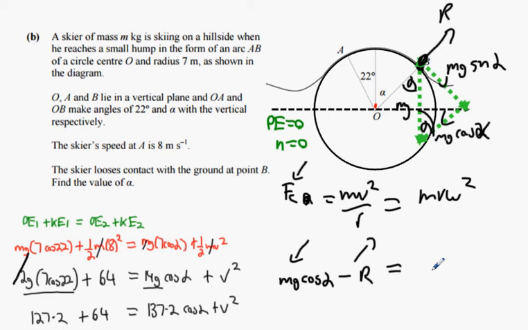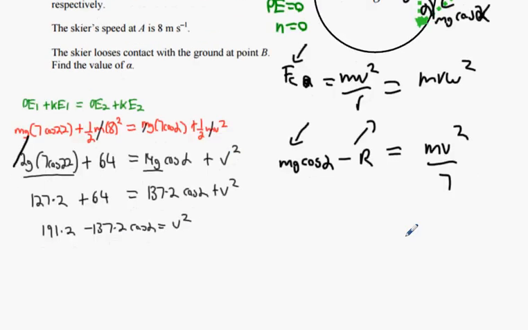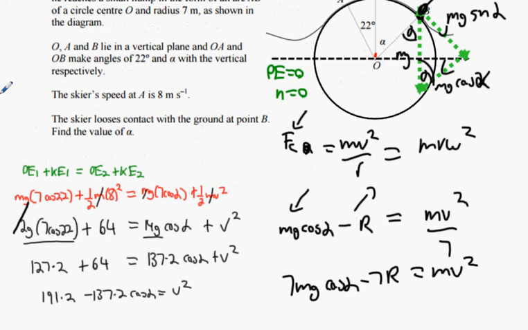Then we're going to get mv squared over r, which is going to be mv squared all over 7. Got to multiply both sides by 7. 7 mg cos alpha minus 7R equals mv squared. Skier loses contact. What does that mean? R equals 0.